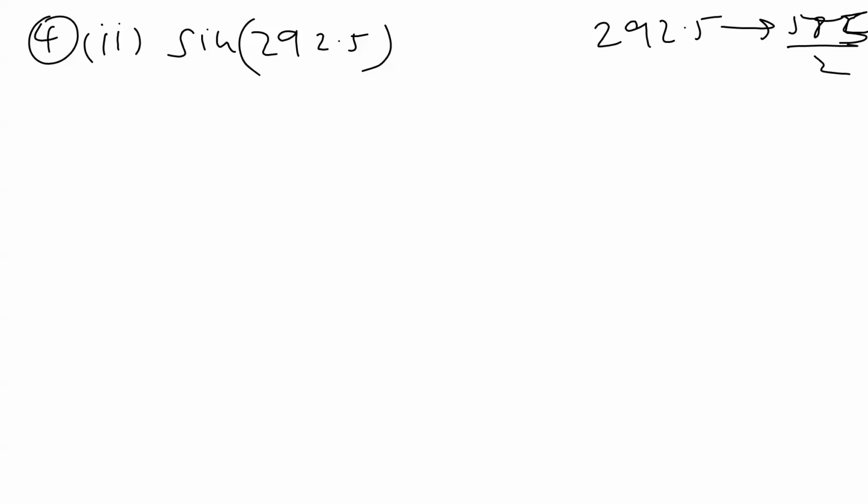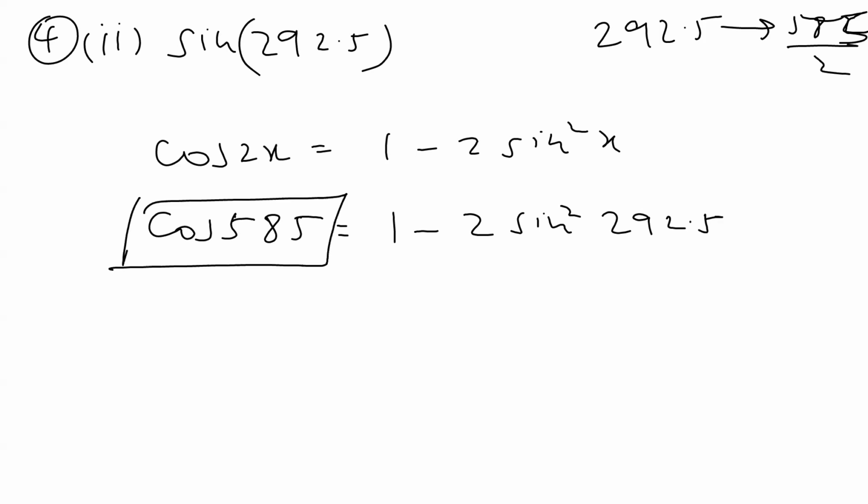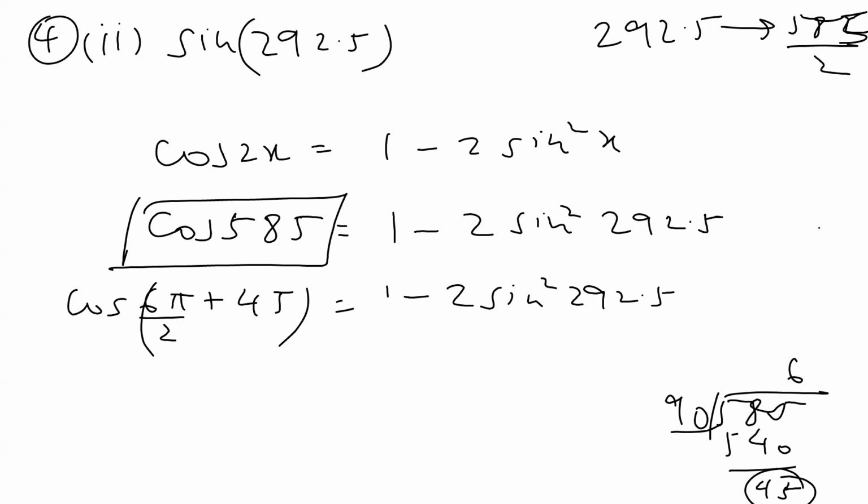Now 585 is a non-decimal value. Okay. So now see how to calculate this. Again, we'll make use of cos. Cos 2x is equal to 1 minus 2 sine square x. So cos 585 is 1 minus 2 sine square, 585 divided by 2 is 292.5. Now cos 585, you can solve using the divide by 90 method. 6 nineties are 540, so this is 45. So we got a standard angle over here, 45. So cos of 6 pi by 2 plus 45 is equal to 1 minus 2 sine square 292.5.